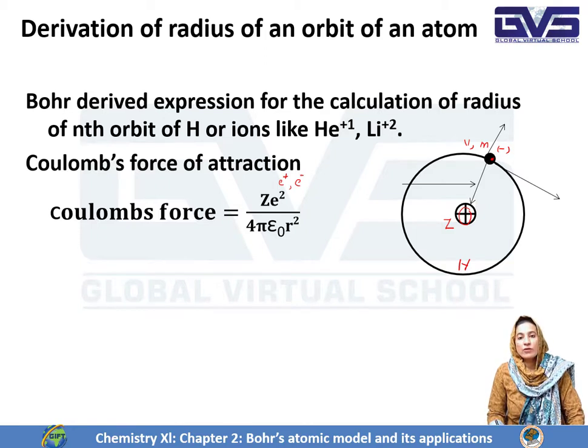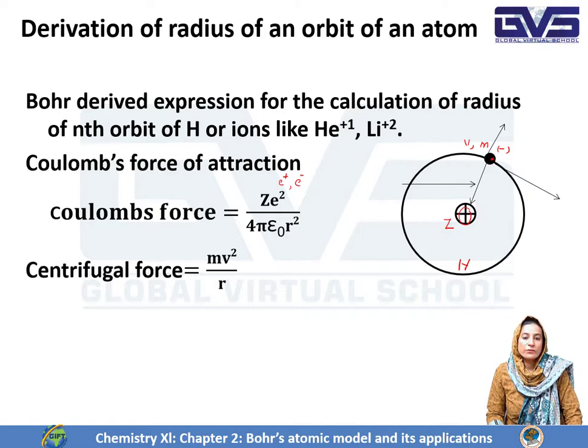Epsilon is the vacuum permittivity constant, with a value of 8.84 times 10 raised to minus 12 coulomb square per joule per meter. And r stands for radius. Now the centrifugal force is mv square over r.